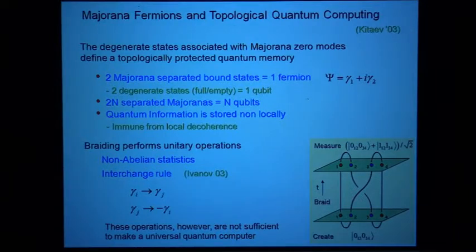The reason for that is this brilliant insight that Alexei Kitaev had, which is that the degenerate states that you have due to a pair of these discrete Majorana zero modes can give you a method for storing and manipulating quantum information. The idea is that two of these separated Majorana bound states defines a single Dirac fermion, if you will, which has two states. It can either be occupied or empty.